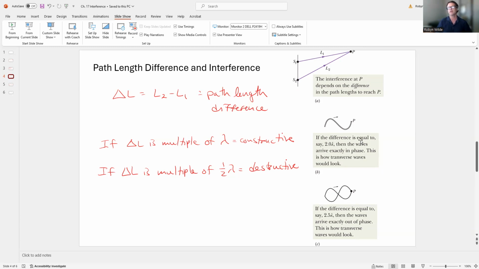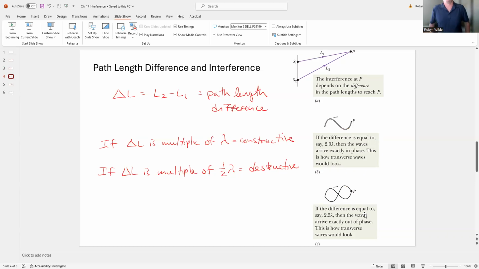And you can see that if the difference is equal to, say, for example, twice the wavelength, well, then the waves arrive again exactly in phase, right? I've just shifted by 2 times, and I'm back again to where I started. And so I get constructive interference. They're just kind of adding together. Now, if I shift by a multiple of half the wavelength, say 2.5 wavelengths, like in this picture, well, now I'm back to that odd multiple of pi situation, and I'm going to get destructive interference.